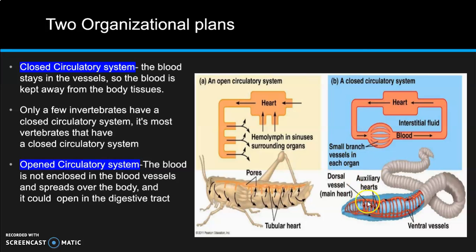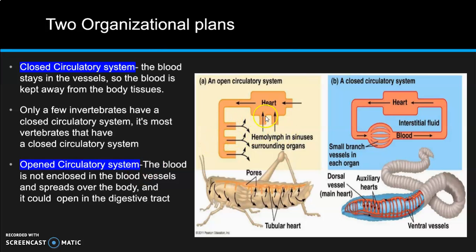This picture explains it pretty well. The name makes it kind of obvious: in the closed system, the blood stays in the vessels. You can see in the picture of this worm that the oxygen stays in. In the open system, it spreads throughout the body.